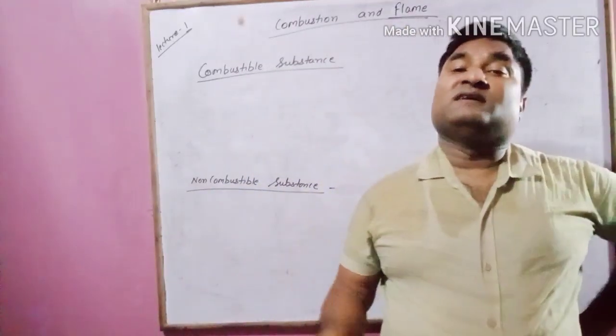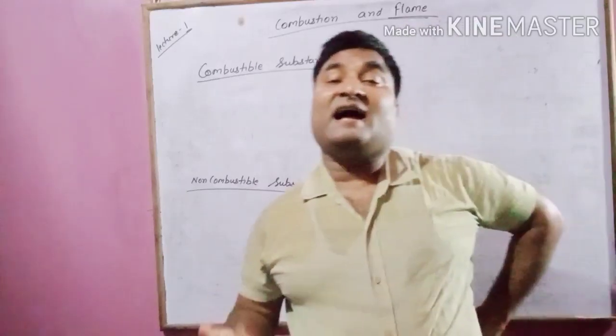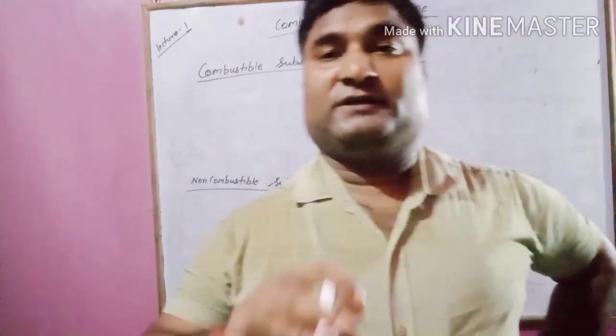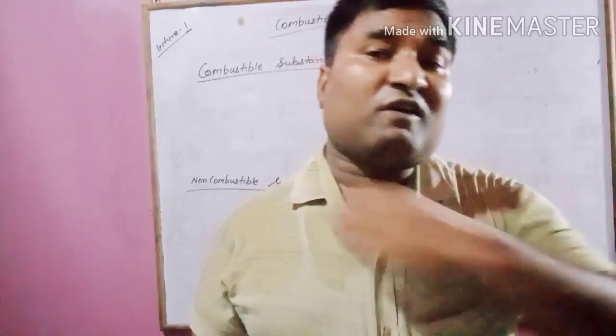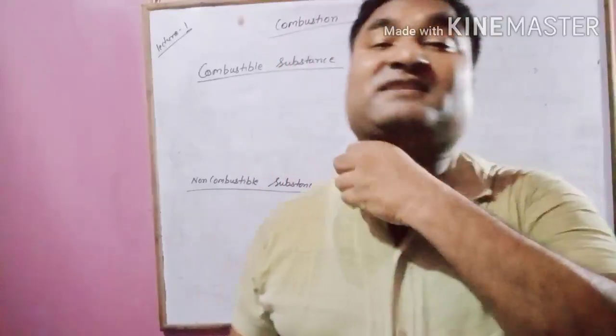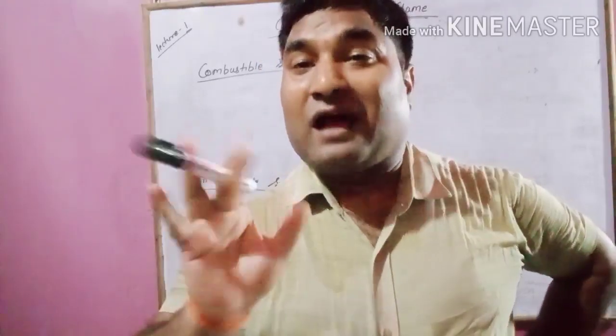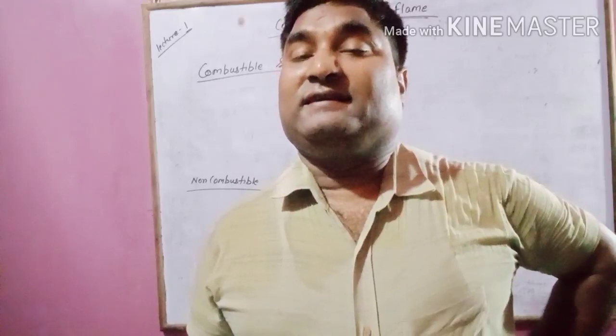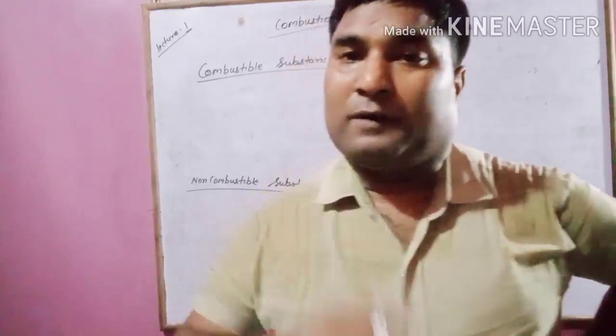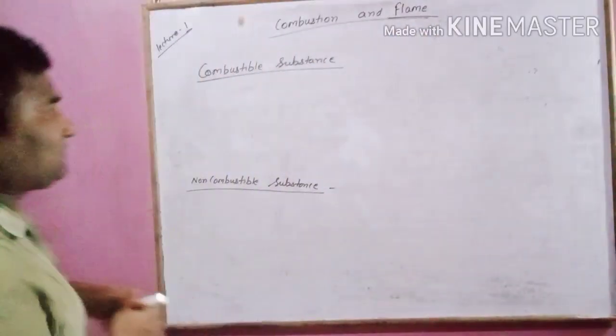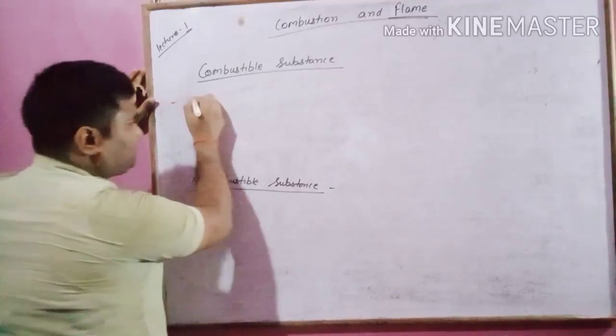Non-combustible substance: a substance that does not burn is called a non-combustible substance. For example, steel spoon, stone, glass. These are all examples of non-combustible substances. So what is a combustible substance?